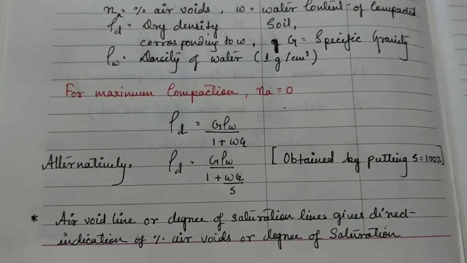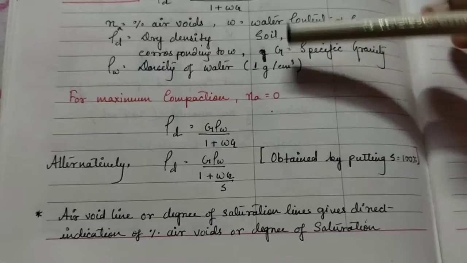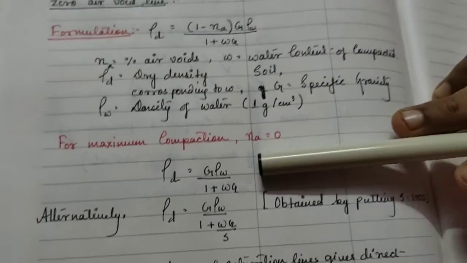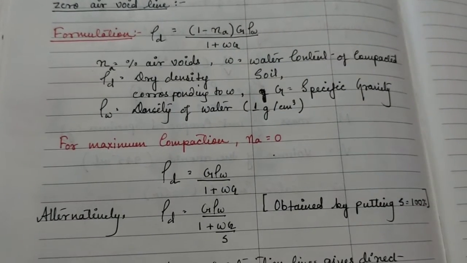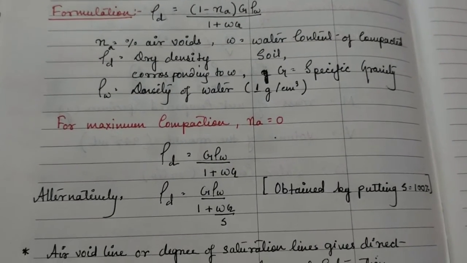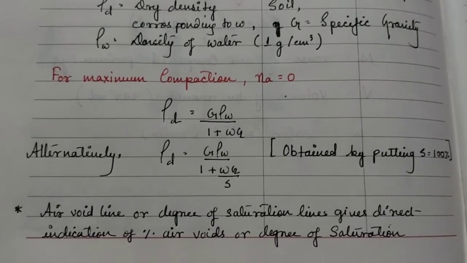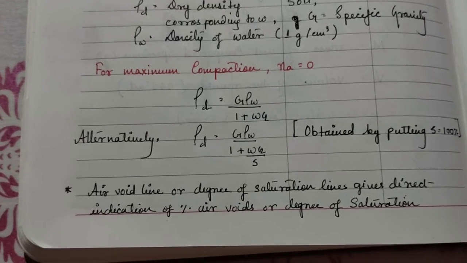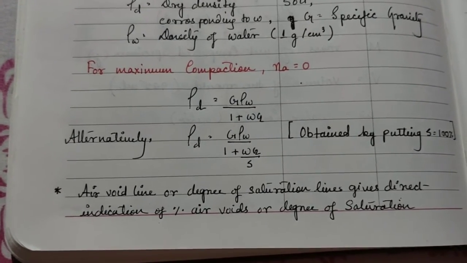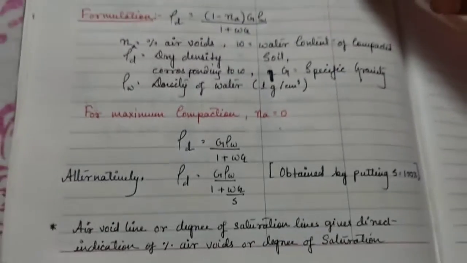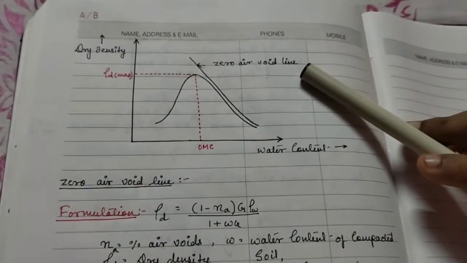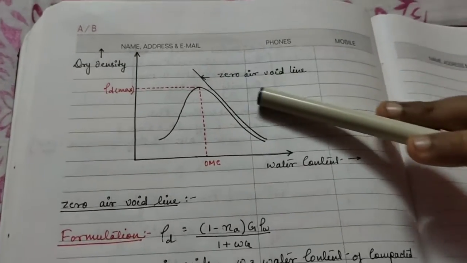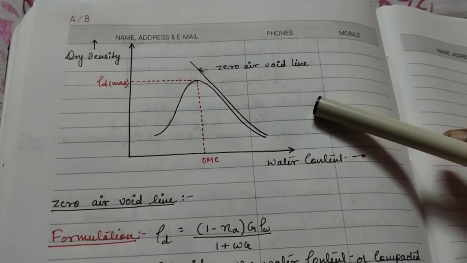So the air void percent will be 0, and putting the value of na as 0 here, we will get the corresponding dry density as G rho w divided by (1 plus wG). So this line shows the dry density as a function of water content for the soil containing no air void. Hence, this line is known as the zero air void line. Since no air is present here, this line is known as the zero air void line.